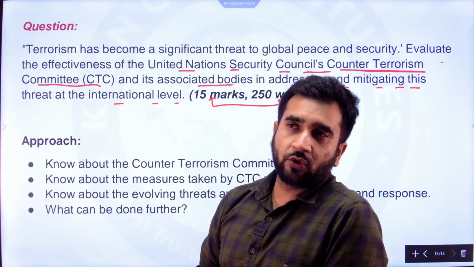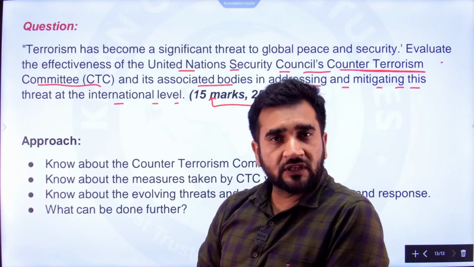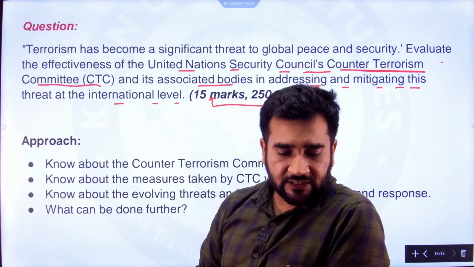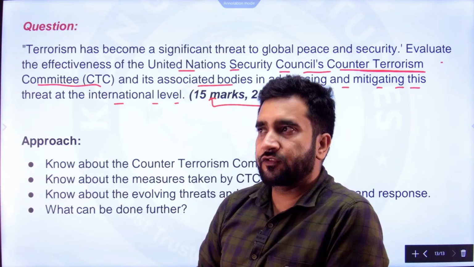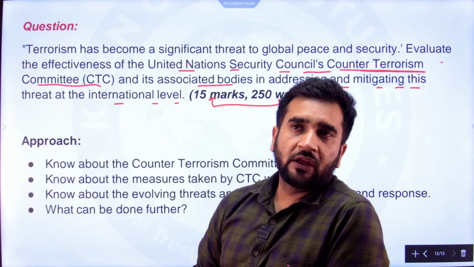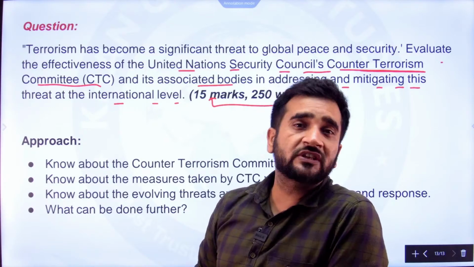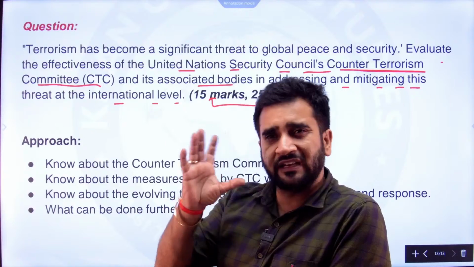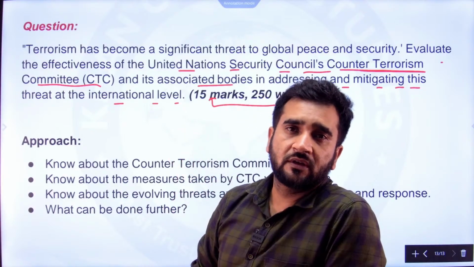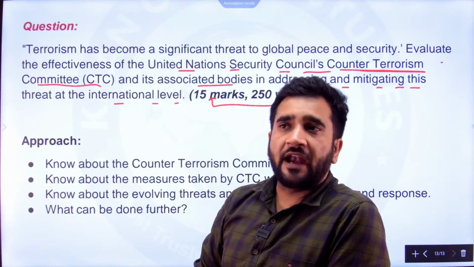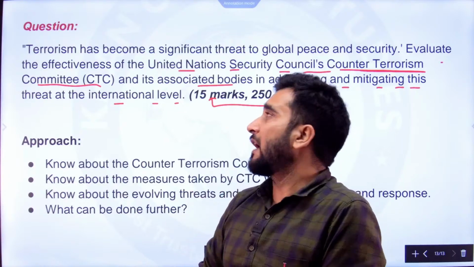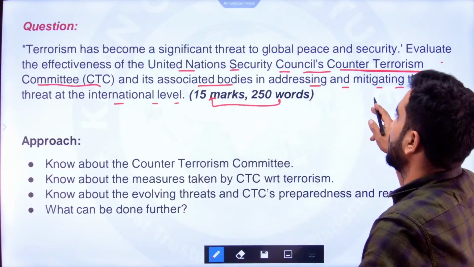So we need to first of all know what this Counter-Terrorism Committee of the United Nations Security Council is, and we need to understand what kind of resolutions it has adopted. We should memorize at least 3-4 resolutions it has adopted, and how effective they have been, because you have to assess the effectiveness of this.